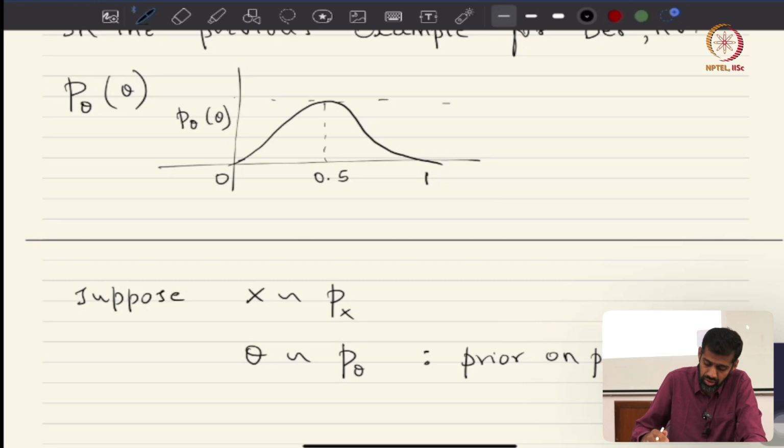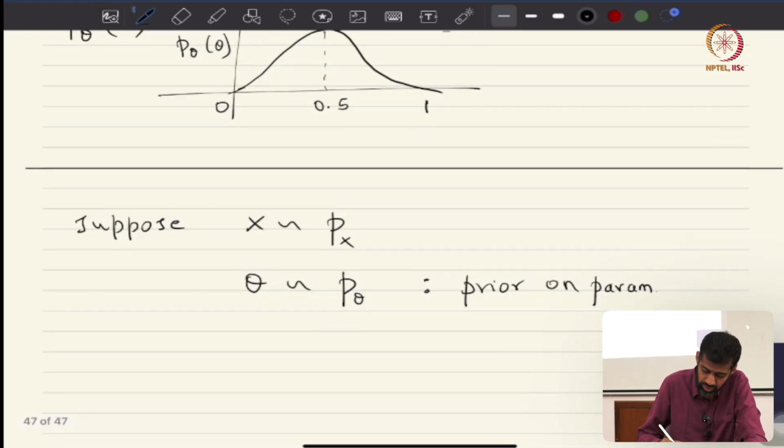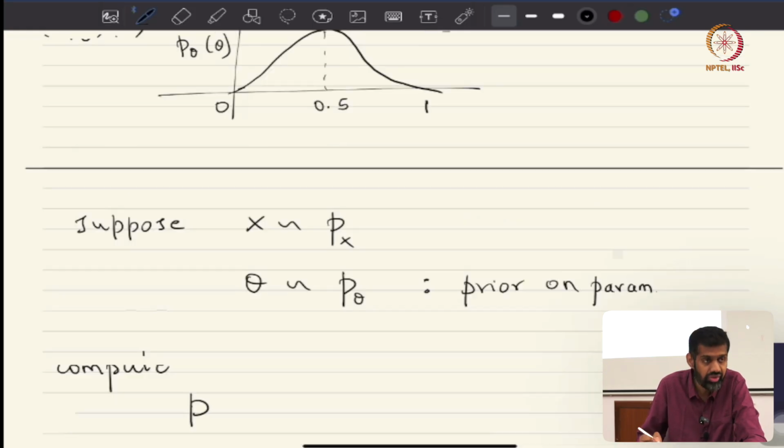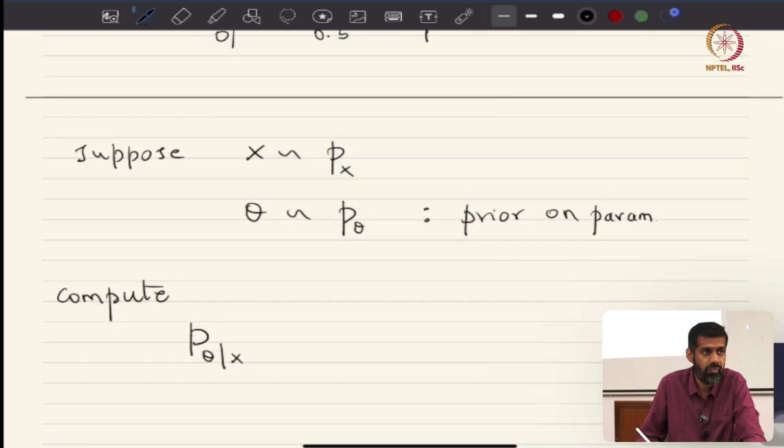Now use Bayes' law to compute the posterior. Note that the parameter theta is also a random variable. Now we can talk of distributions, the posterior of the parameters given data.